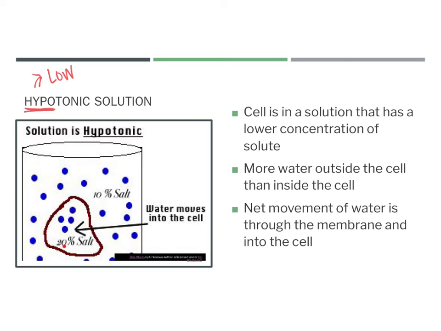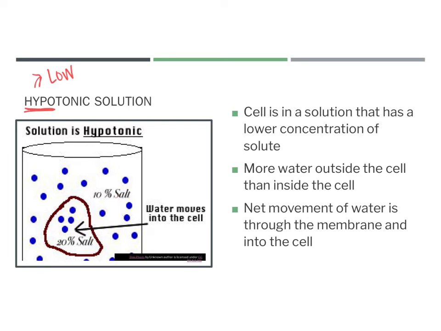If you look at our picture here, inside the cell we have a 20% salt solution. Outside the cell, we have a 10% salt solution. So when we say it's in a lower solution, outside the cell has fewer solute particles.